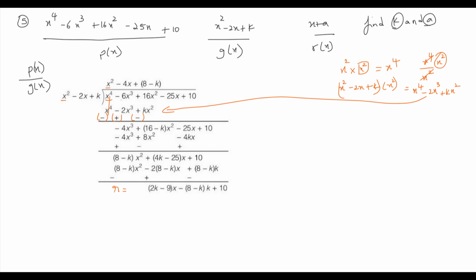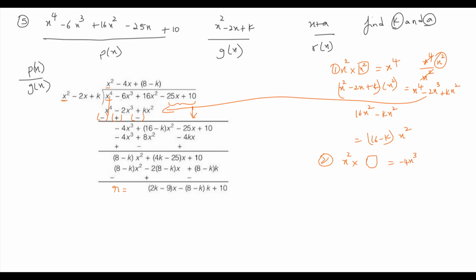Then 16x square minus kx square will give us 16 minus k into x square, taking 16 minus k and x square as common. Then carefully taking minus 25x plus 10 down and repeating the same steps again, that is, what should be multiplied to x square so that you will get minus 4x cube.